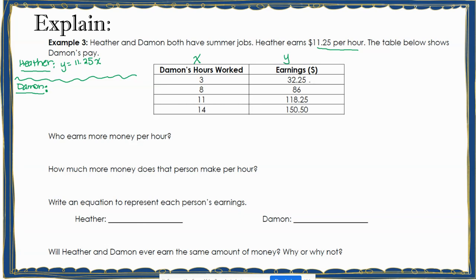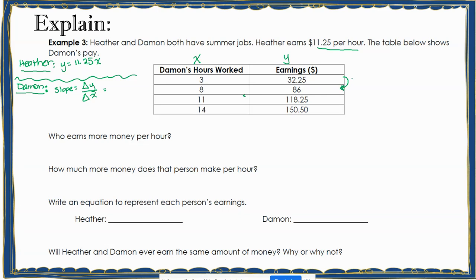Well, the first thing we need to do, because when we're finding slope, we need to find our change in y divided by our change in x. So we need to figure out what is happening on Damon's y values. Well, we see that in his first set of y values, Damon goes from $32.25 to $86.